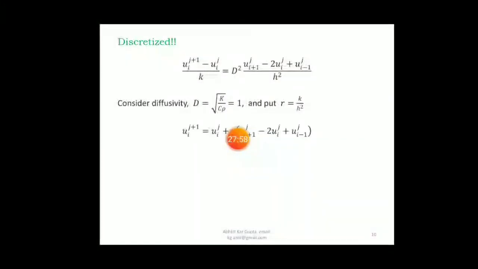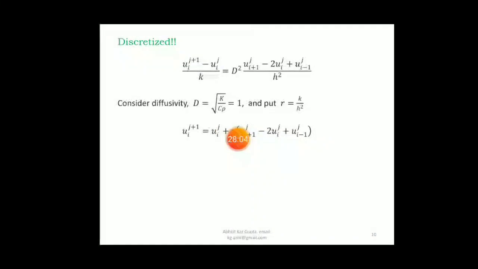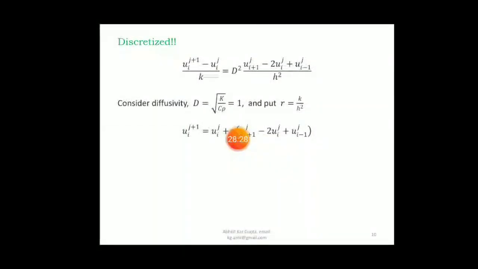Okay, so the formula now looks like u(i, j+1), that is the value at the (j+1)th time, equal to u(i, j), that is the value at the ith point at the jth time, plus r into the rest of the terms. So look at the right hand terms and the left hand terms. In the left hand, look at the top indices, I mean superscript. It is j plus 1, that means you have evaluated this term at the (j+1)th time, and on the right every term is of the previous time.